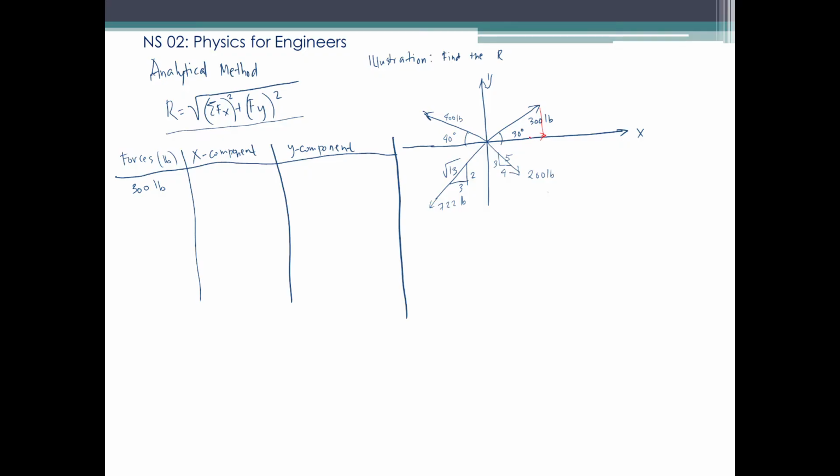Let us name this as our F1, with its x component F1x, and its y component F1y. So how do we get our F1x? Do not forget your trigonometry.